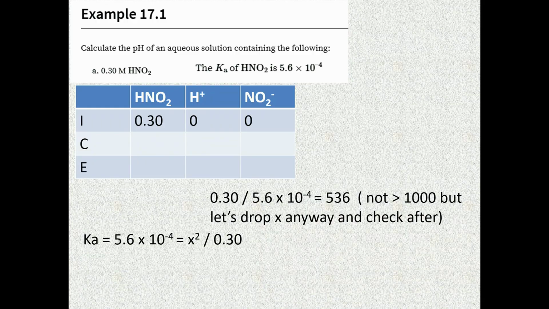So if I can do that, then my Ka is simply equal to X squared over the initial concentration. So that is standard if I can drop the X. That Ka just becomes equal to X squared over the initial concentration.